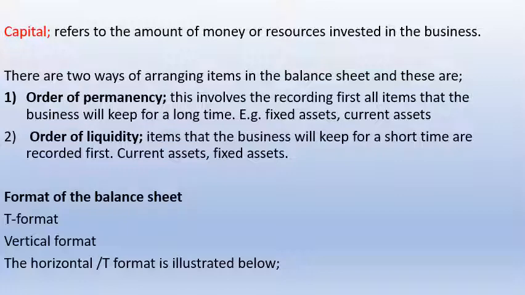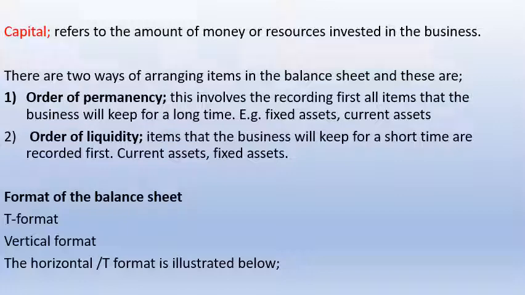That means on the side of liabilities, we shall start with capital, long-term liabilities, and end with current liabilities. Then two, order of liquidity. These are items that the business will keep for a short time and are recorded first. So it's the opposite of the first one.